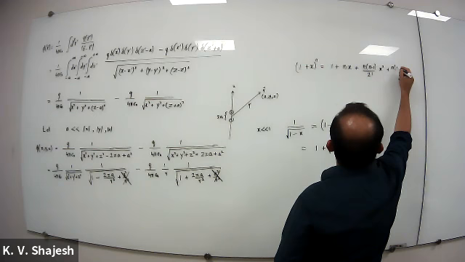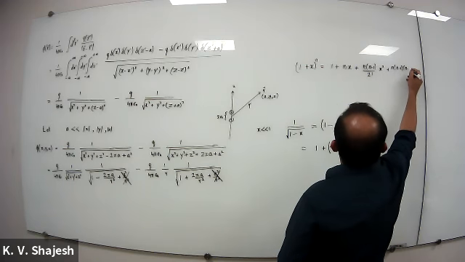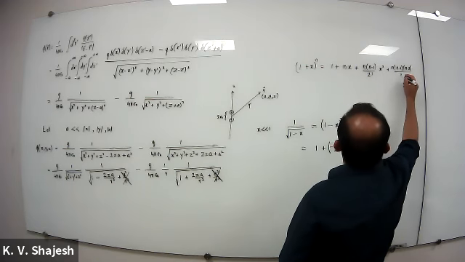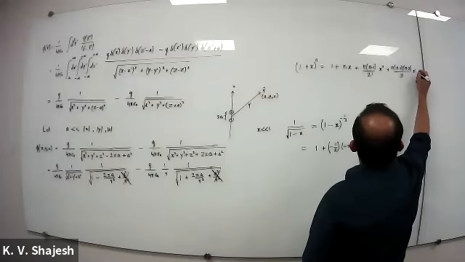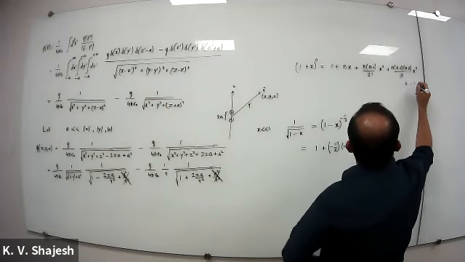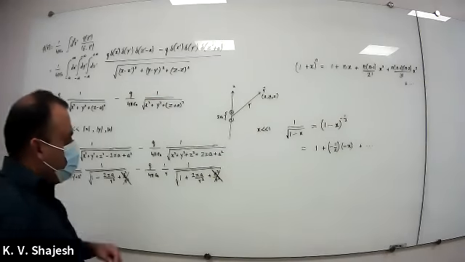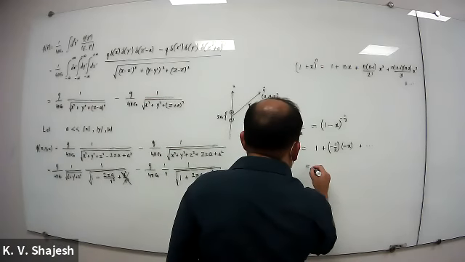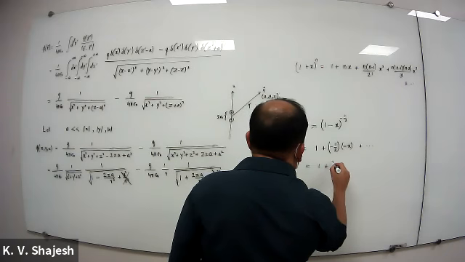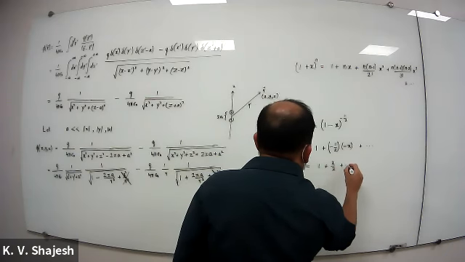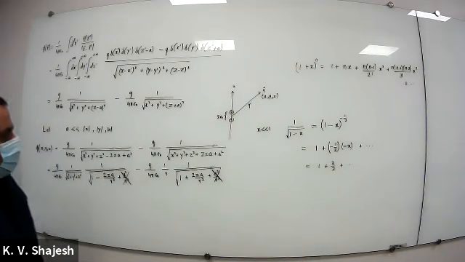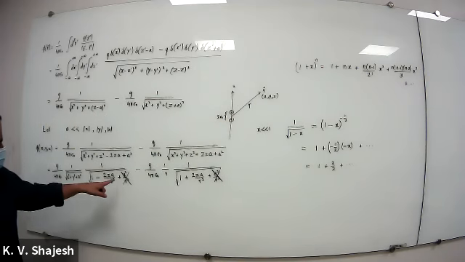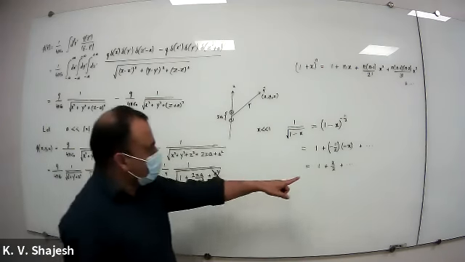So n into n minus 1 into n minus 2 over 3 factorial times x cubed, and so on. So in general, you can expand anything, but we are interested just in the leading order. So it is 1 plus x over 2 and higher terms. We have already neglected a squared term, so there is no point in keeping the square.